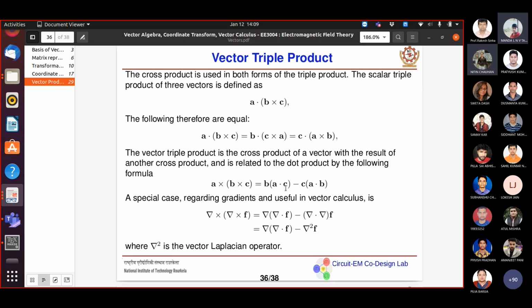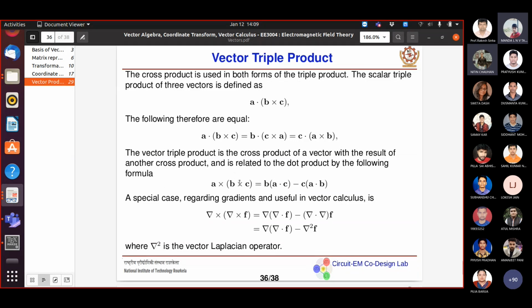Sir, that B is simple multiplication, na? Yes, B into A dot C. This is basically a scalar quantity, A dot C, and the direction is basically B. B is the direction of the vector, and A dot C is a scalar product.